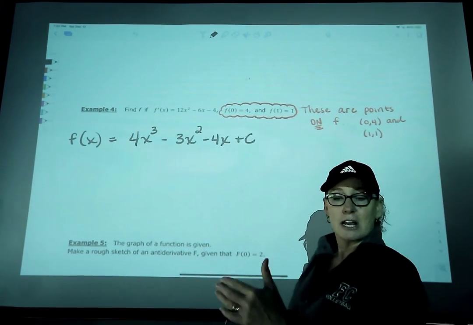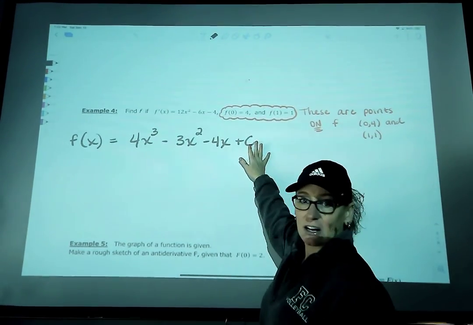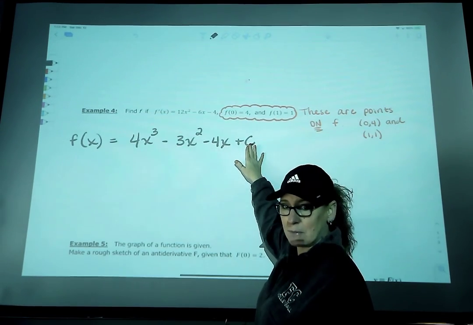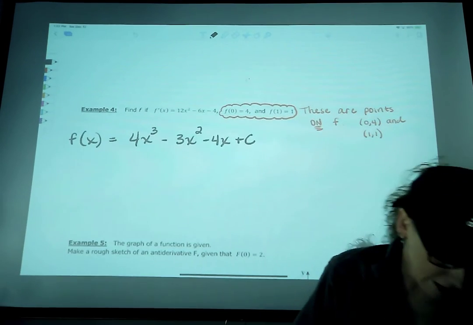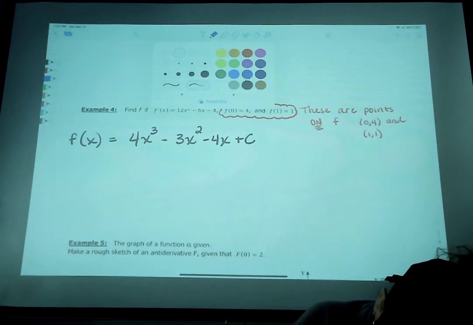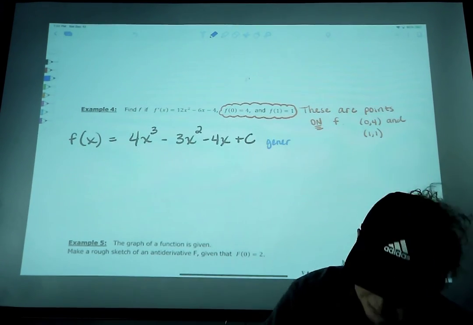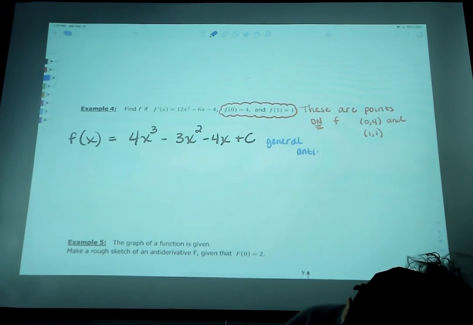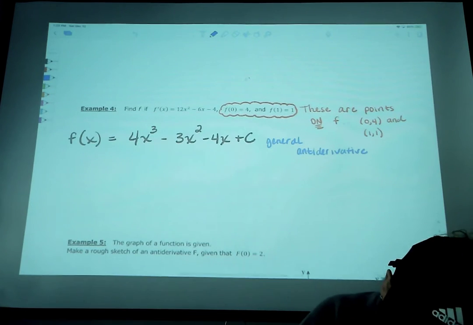This is called the general antiderivative because it's got the plus c on it, and at this point we don't know what c might be. And then we're given some specific information on f. Hang on, let's label this the general antiderivative, these vocab words are going to come in handy later.